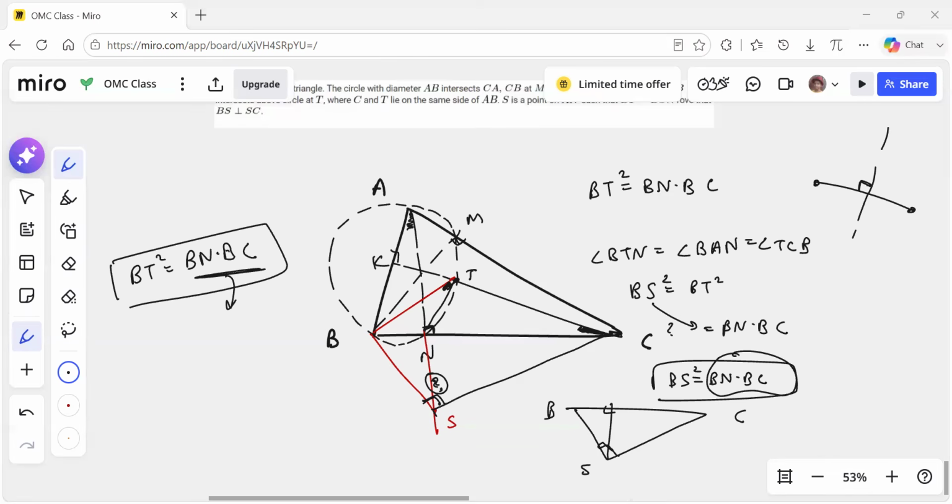Wait, I'll explain Sadat's proof in a bit, but here, can you tell me what we should do next? AB square, not quite. AB square times what? Yeah, BK times, not KA, BK times BA. Nice. That was a typo, I'm pretty sure.